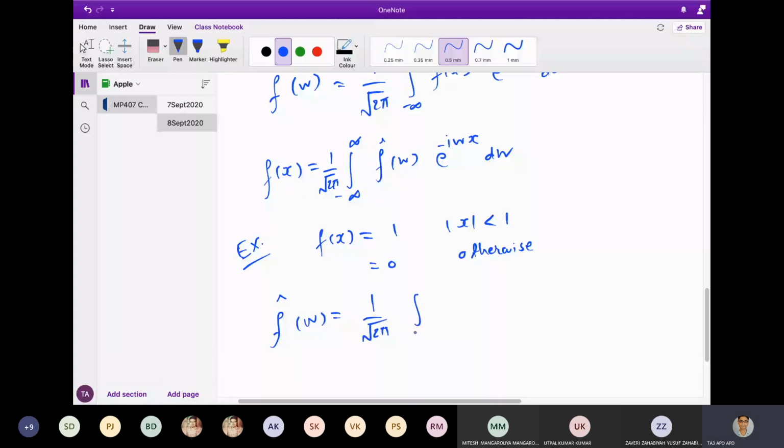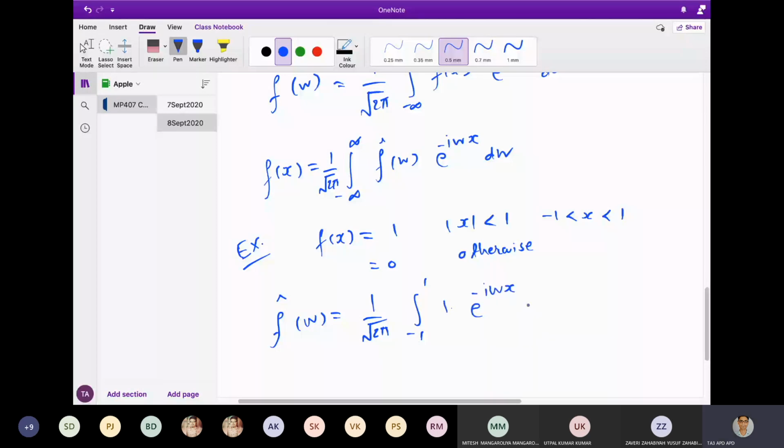Now we have only modulus x less than 1, so this is nothing but minus 1 less than x less than 1. So you have only the integral between minus 1 to 1. The rest of the values, for which the function is 0, you don't consider. So 1 into e to the minus i wx dx.